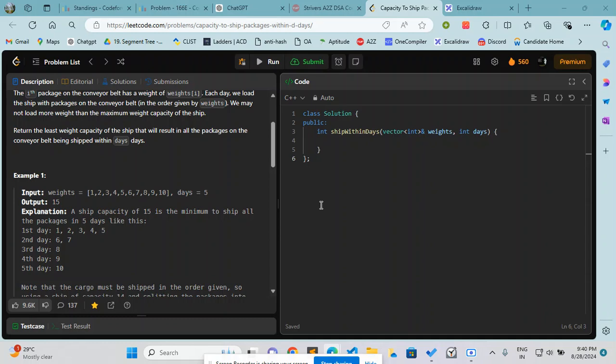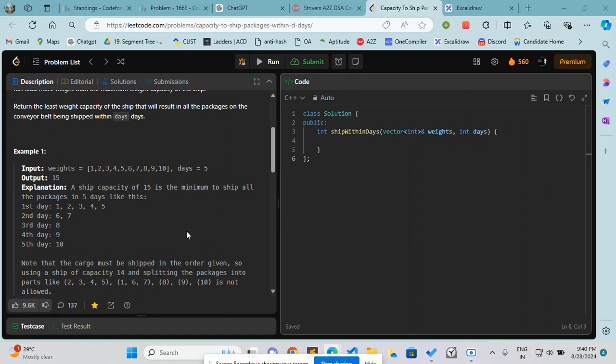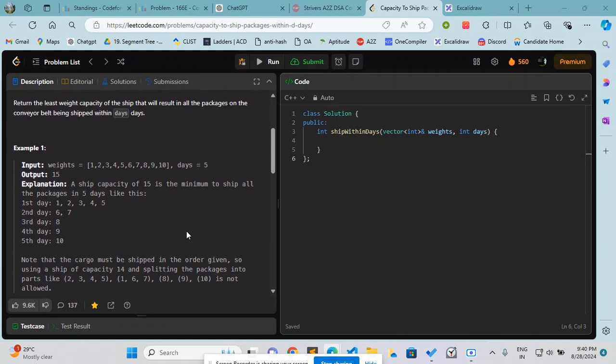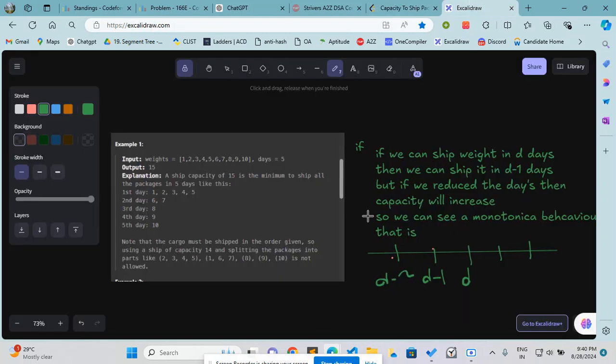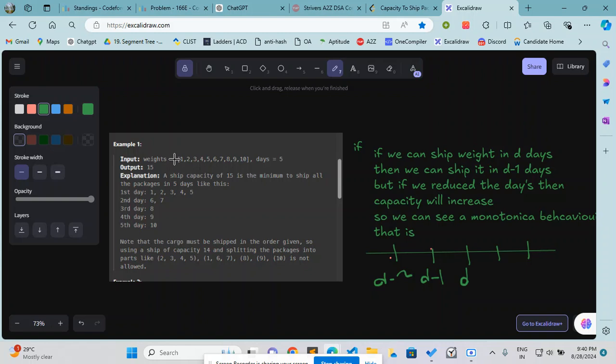So for this, what we can do is we have to minimize the weight capacity of the ship. This is our example, and I will try to show how we can solve it. If the total weight capacity of the ship is 55, then we can ship everything within one day.